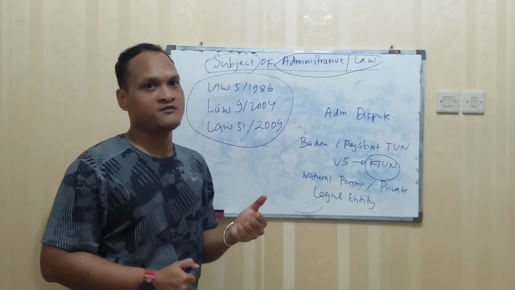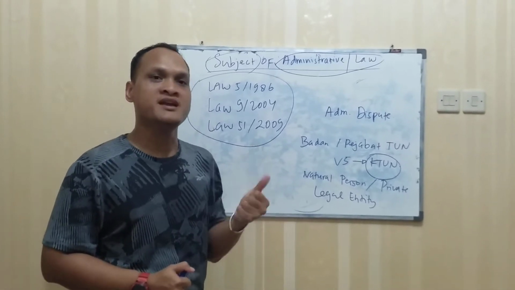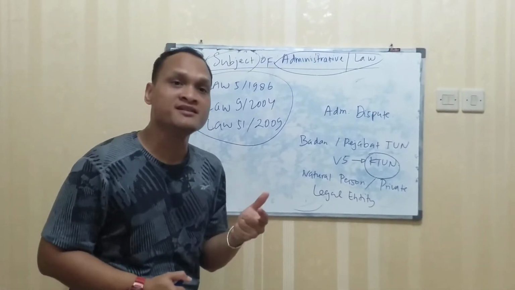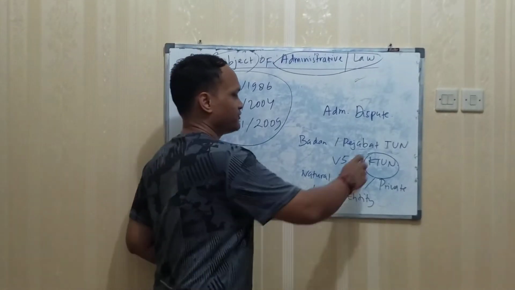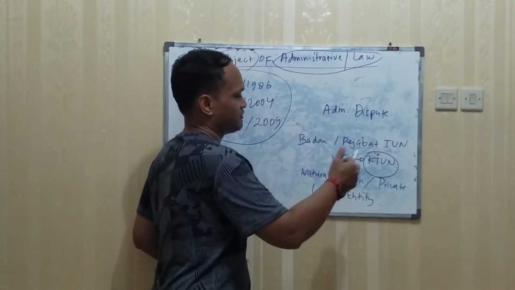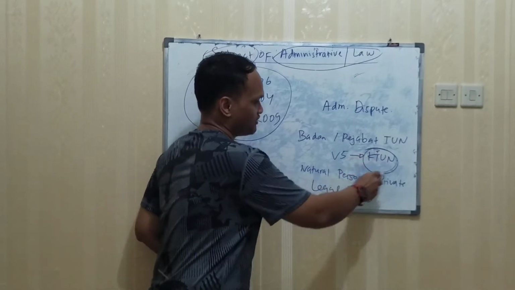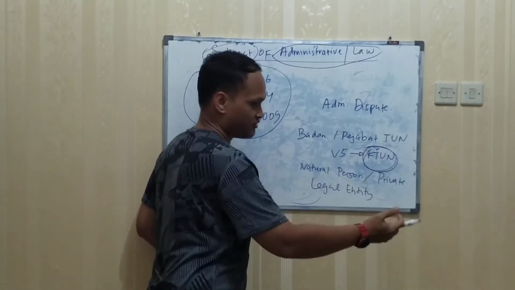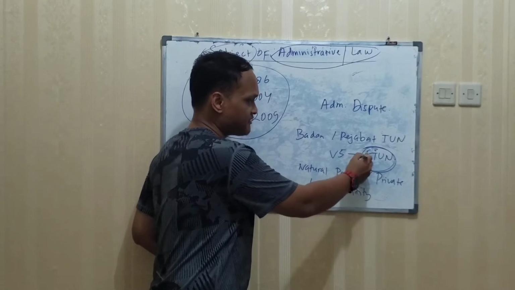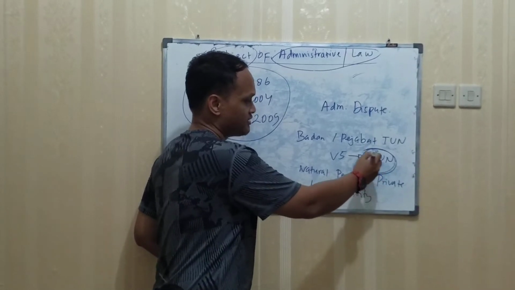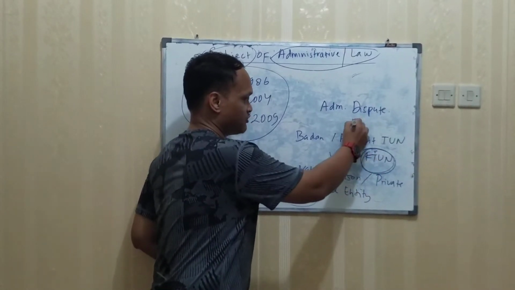What is the activity of Bestuur? They make beschikking. So what is beschikking? Beschikking is here, keputusan tata usaha negara. So DPR, mahkamah, they can also issue this one, and when they issue this one, it means that they are now playing a position as a Bestuur.